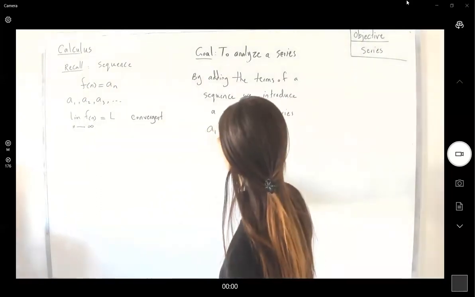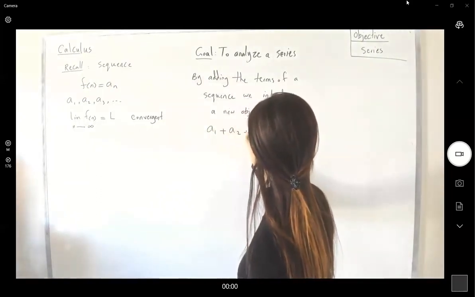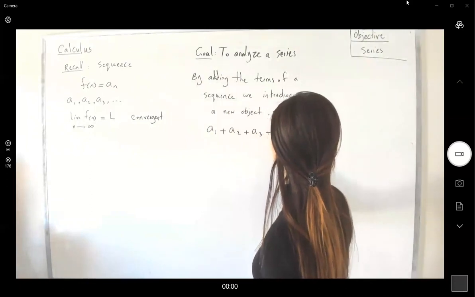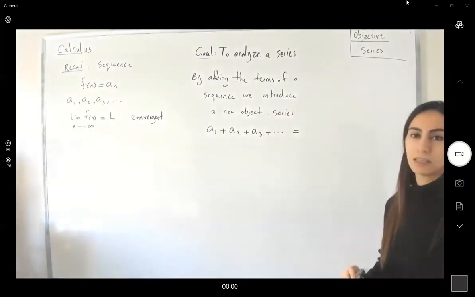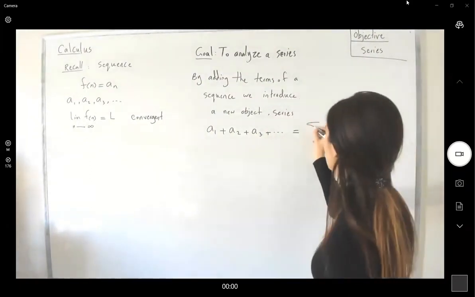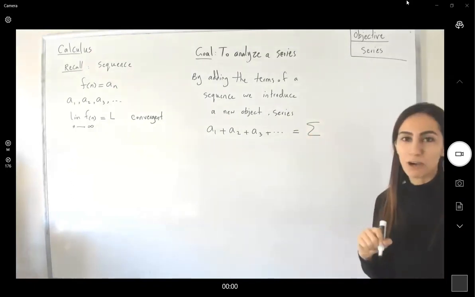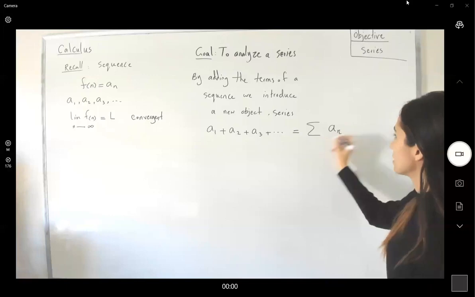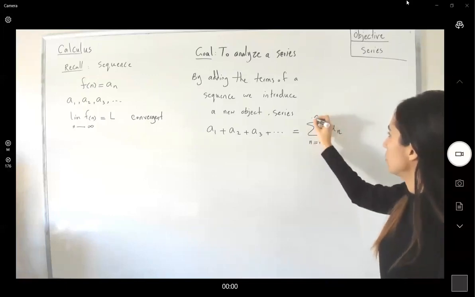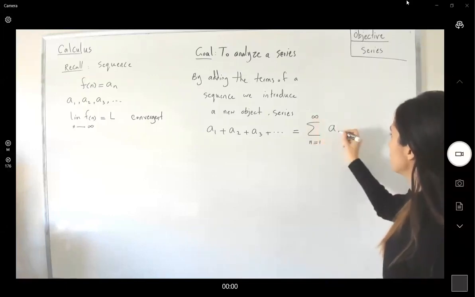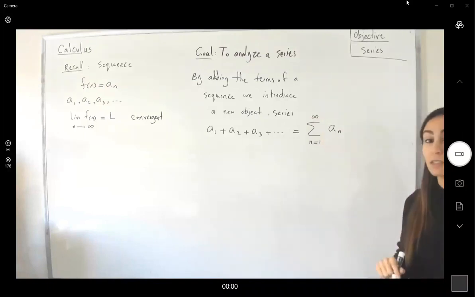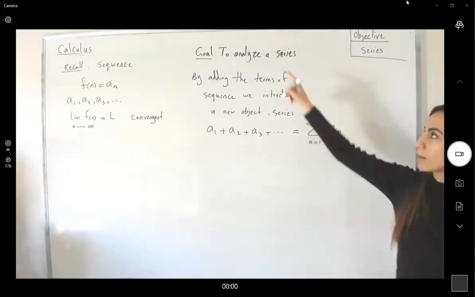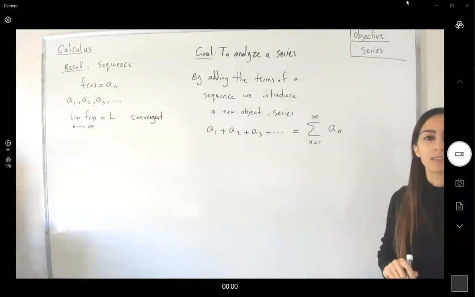A sub 1 plus a sub 2 plus a sub 3 plus. Remember that we use a Greek letter sigma to show that we have summation over the terms a sub n, starts from 1, goes to infinity. This is an infinite series. Our goal is to analyze a series.